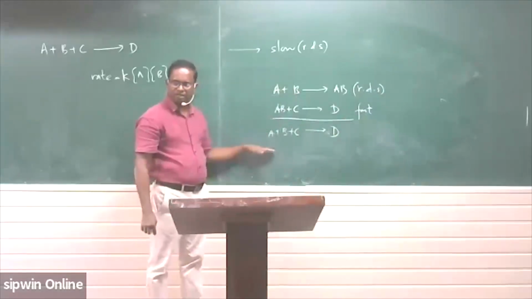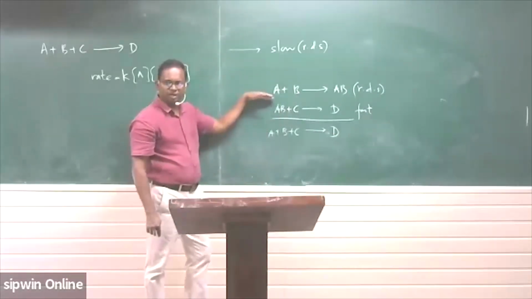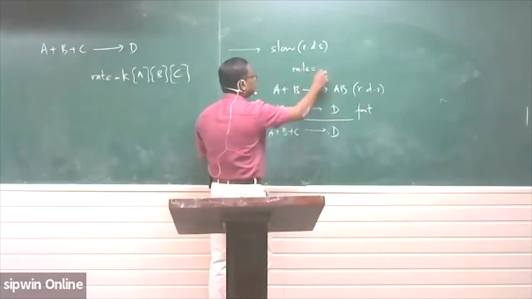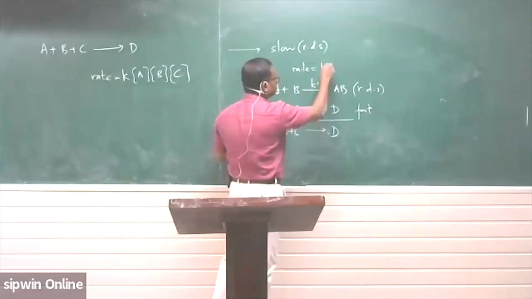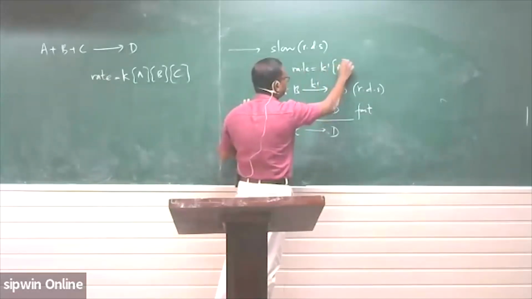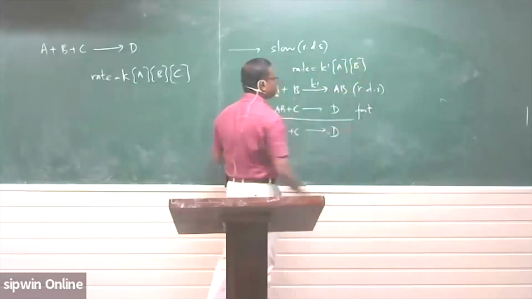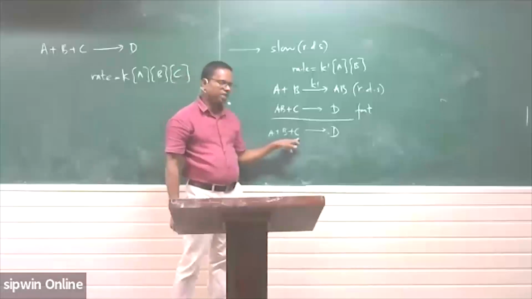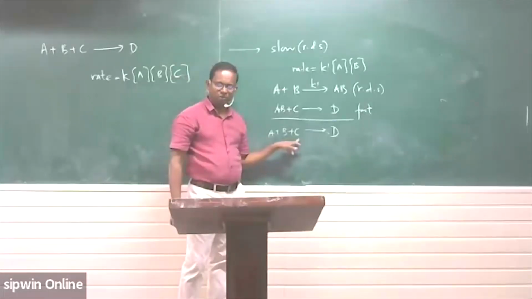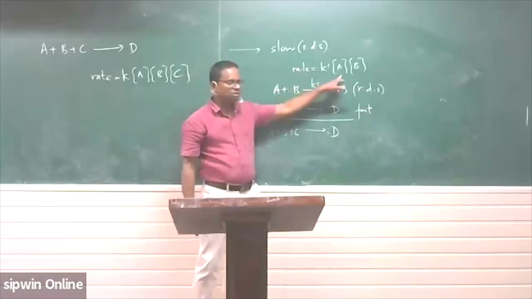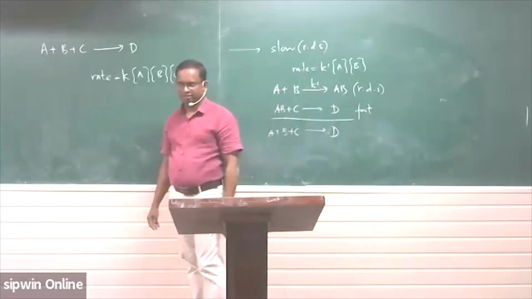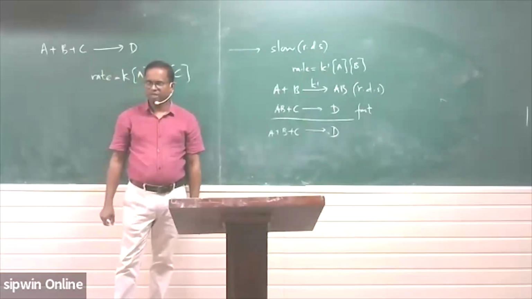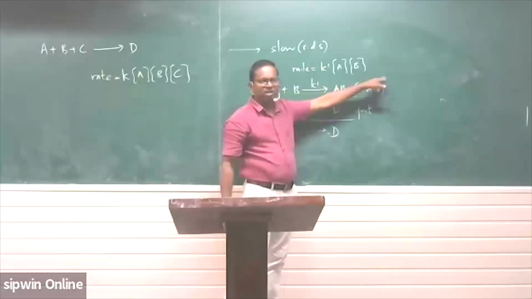For the overall reaction, I can write the rate law using this. So I can write rate equals K or K1 [A][B]. But in our overall reaction, C is also there, yet in the rate equation C is not there. Understood? This means it is zeroed.